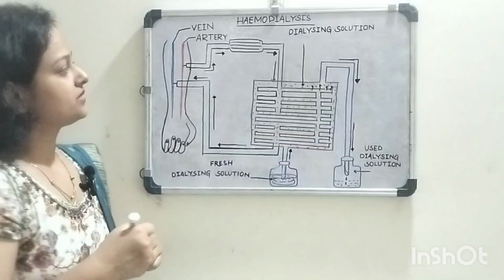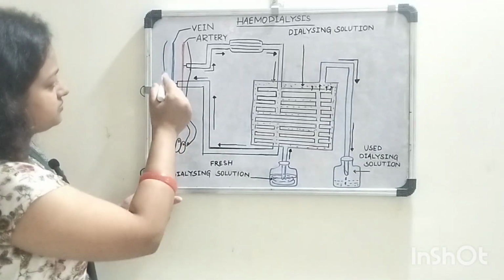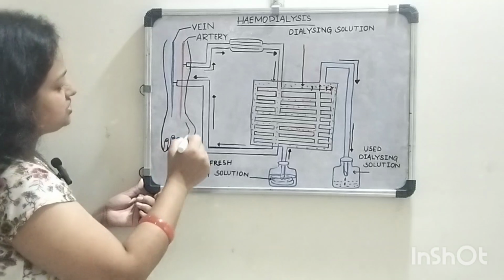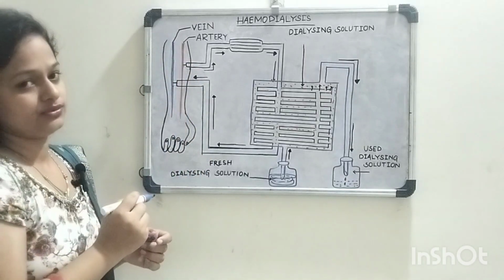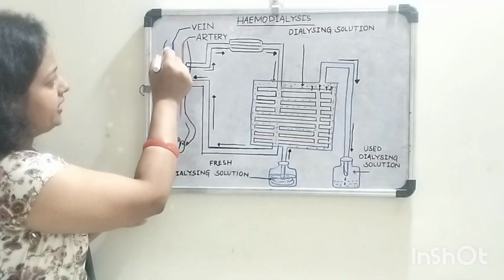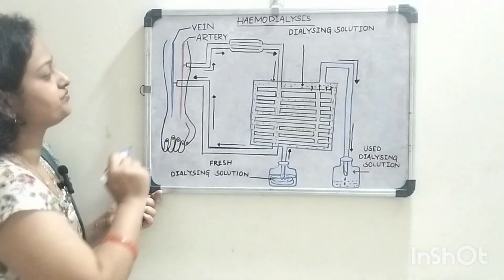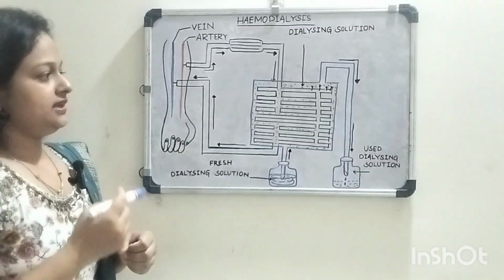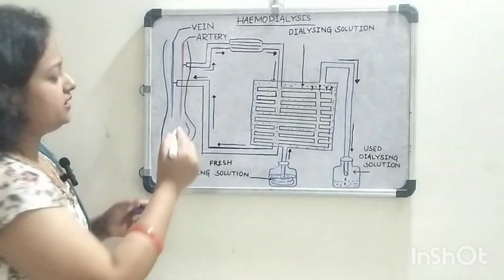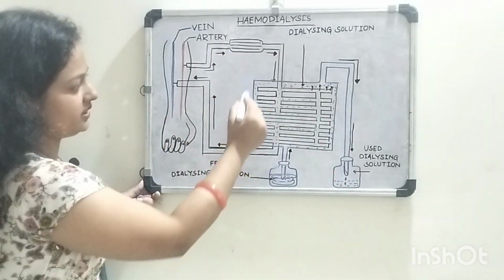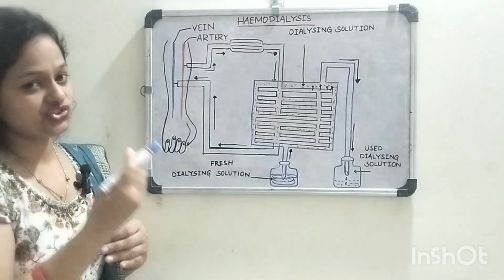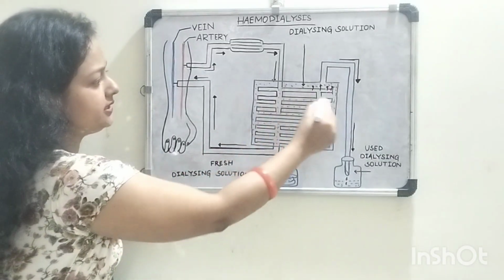So come, look here. This is the hand of a patient, and this is the artery and this is the vein. In this technique, in a dialyzer there is a tank, and in this tank there are many tubes.